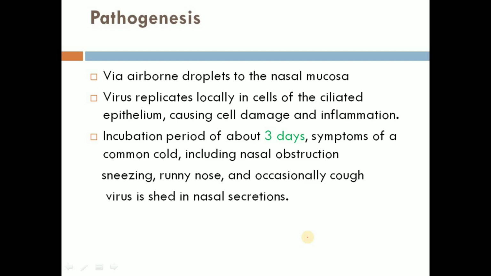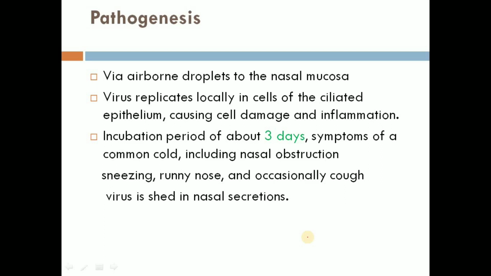Coming to pathogenesis, as you know, pathogenesis means how it causes disease, what will happen, and what the incubation period is. So all these things come under pathogenesis. Usually we hear it transfers via airborne droplets or nasal mucosa. Yes, that is correct. That's why we have to keep social distancing.